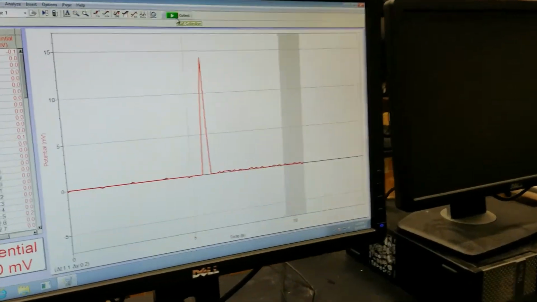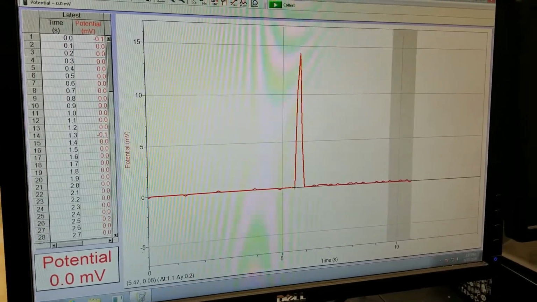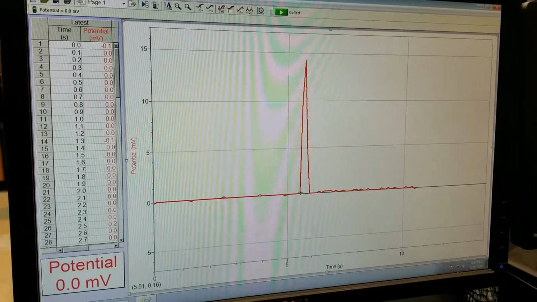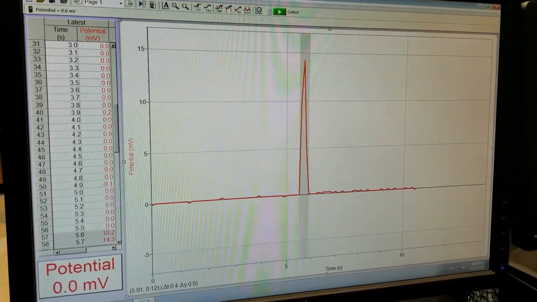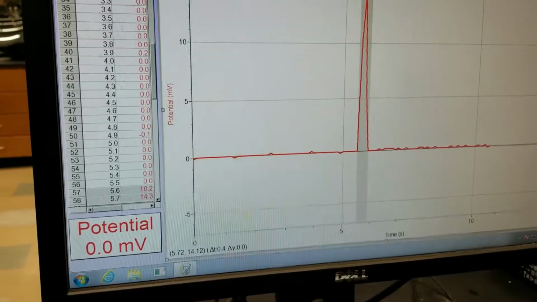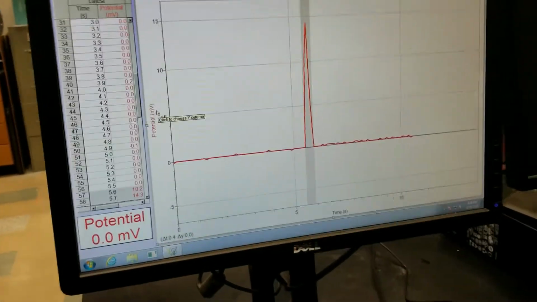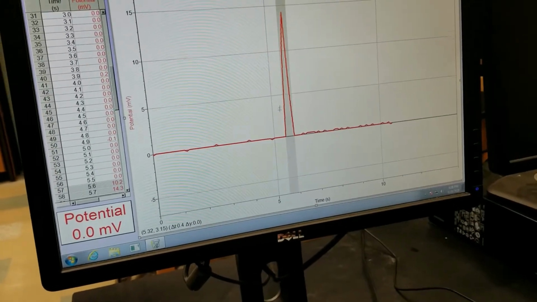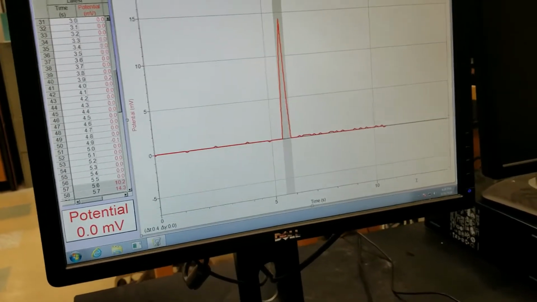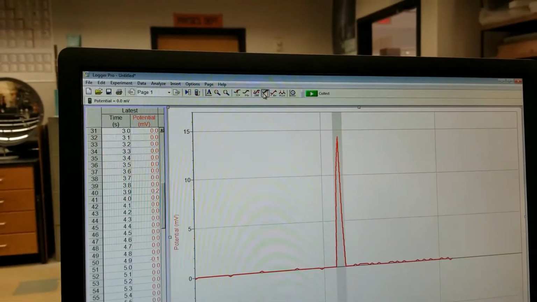This is the data I got. By flipping the coil, there is a change of magnetic flux, and this induces voltage here. The maximum voltage is maybe about 14 millivolt. I want to find the impulse. The impulse will be the area under this voltage versus time graph, so I highlight this section and click integral.